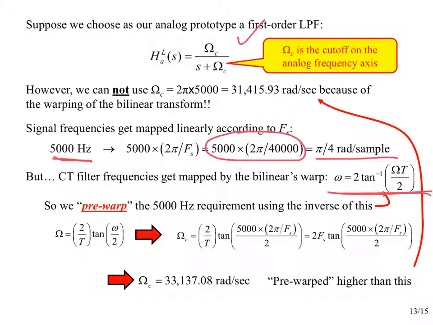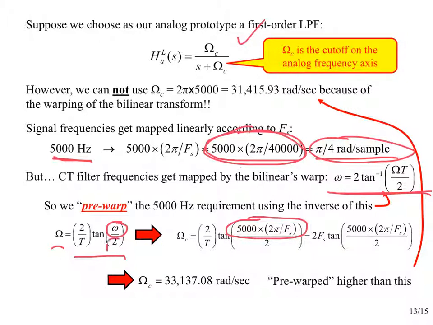So we've got capital omega is equal to 2 over T, tangent of omega over 2. Remember, omega is actually this pi over 4 radians per sample, but that's just this quantity here. So we can plug that quantity right in here for the omega, and we figure out what our analog cutoff frequency should be if we evaluate this with our chosen Fs of 40,000.